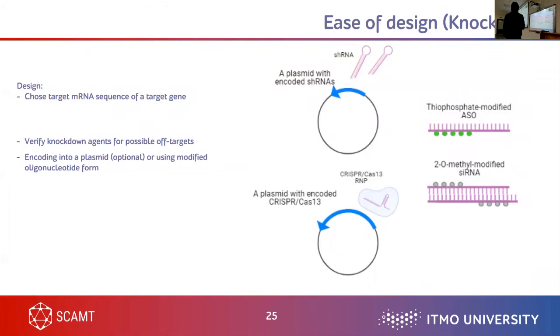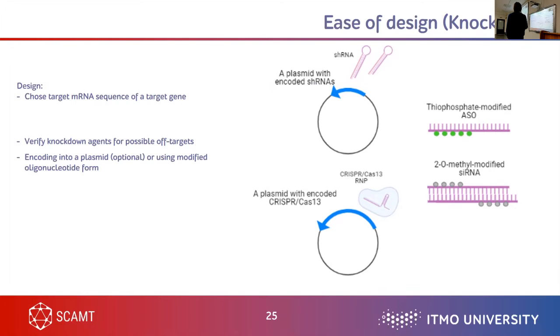So we verified the designs, and here is encoding. We have 2 ways. We can encode our knockdown tools into a plasmid, or we can use the native form of the tools for gene knockdown. Honestly, I would prefer this one because delivery of native knockdown tools is more controllable than a plasmid.